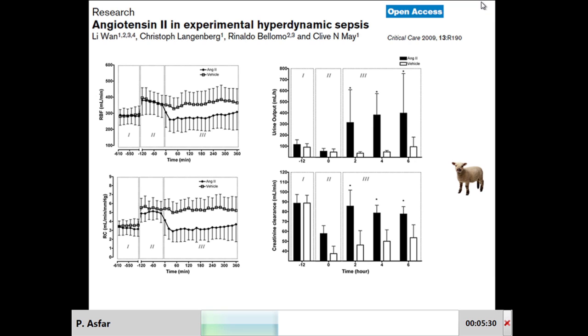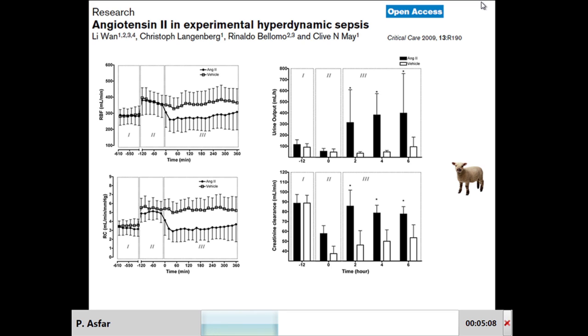So what happens in animals? In sheep, when we give angiotensin as compared with vehicle, angiotensin decreases renal blood flow as compared with the placebo.